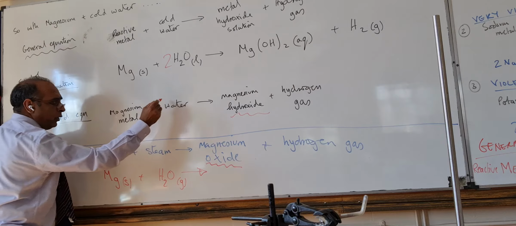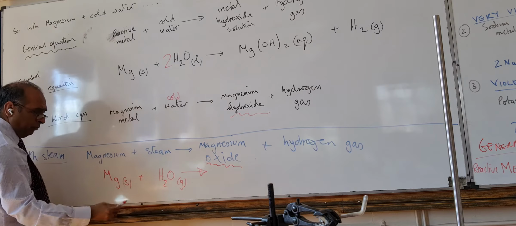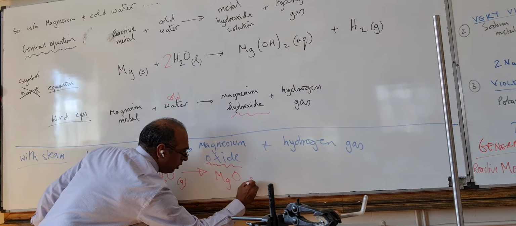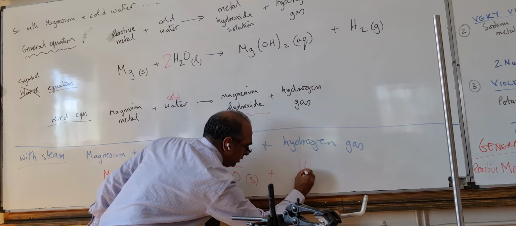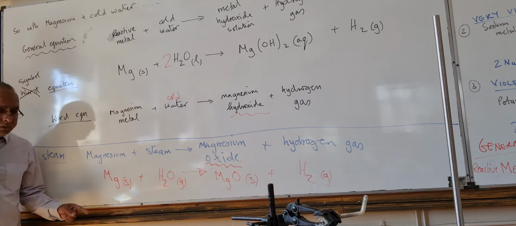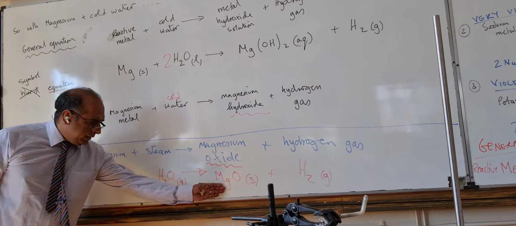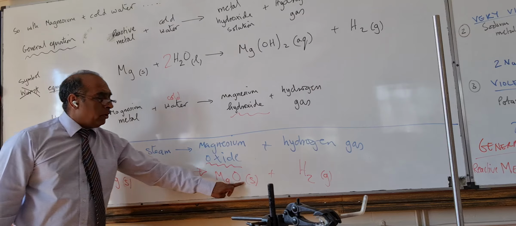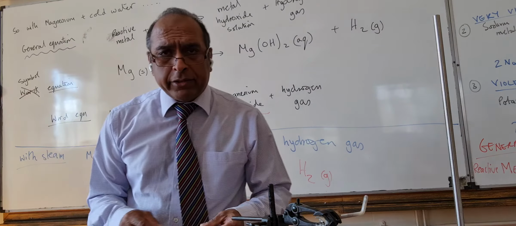You get the hydroxide with cold water, but with steam you get the magnesium oxide, which is MgO, and it's a solid, and the hydrogen gas is H2 gas. Check it's balanced: one magnesium or one magnesium, two hydrogens, one oxygen, that is balanced.